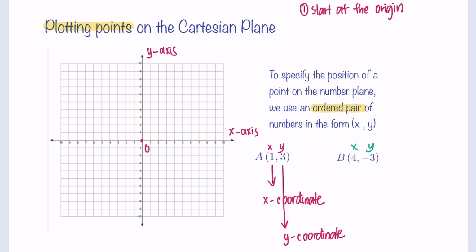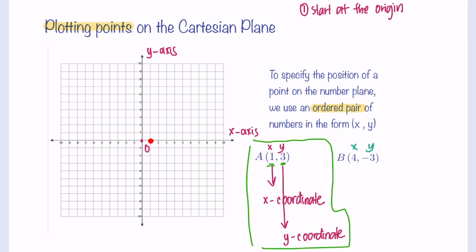So let's plot A first. My A coordinate is 1 for the x and 3 for the y. It means that I start at the origin, then I need to move one step along the x. Because 1's a positive 1, I need to move one step towards the right. So I'm sitting here at the moment where my pointer is.